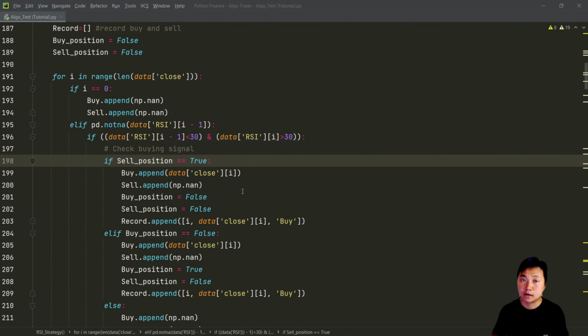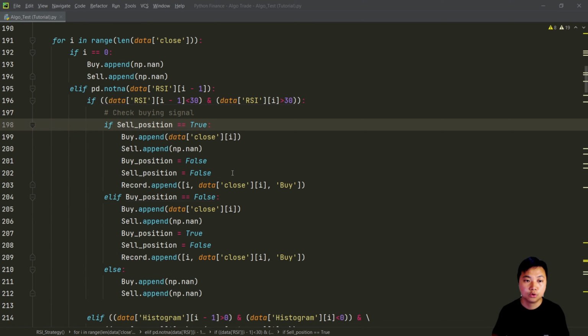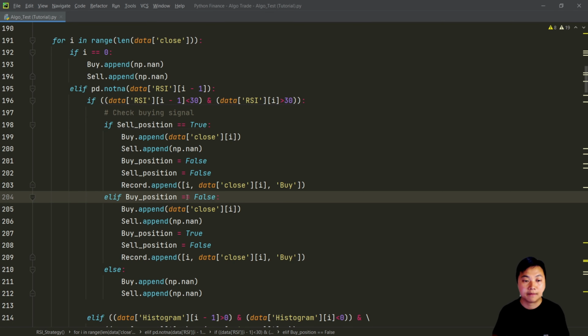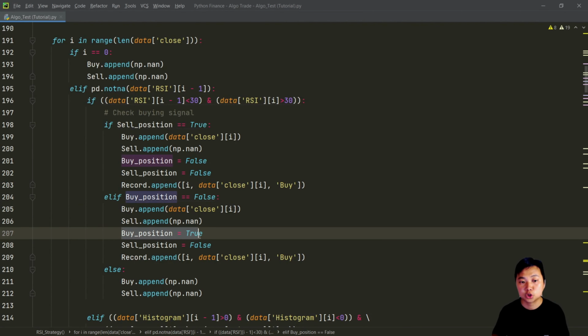If we have a sell position, we will just sell our holding position. On the other hand, if we do not have any short selling position, we will buy the stock or long the market, and the buy position will change to true.